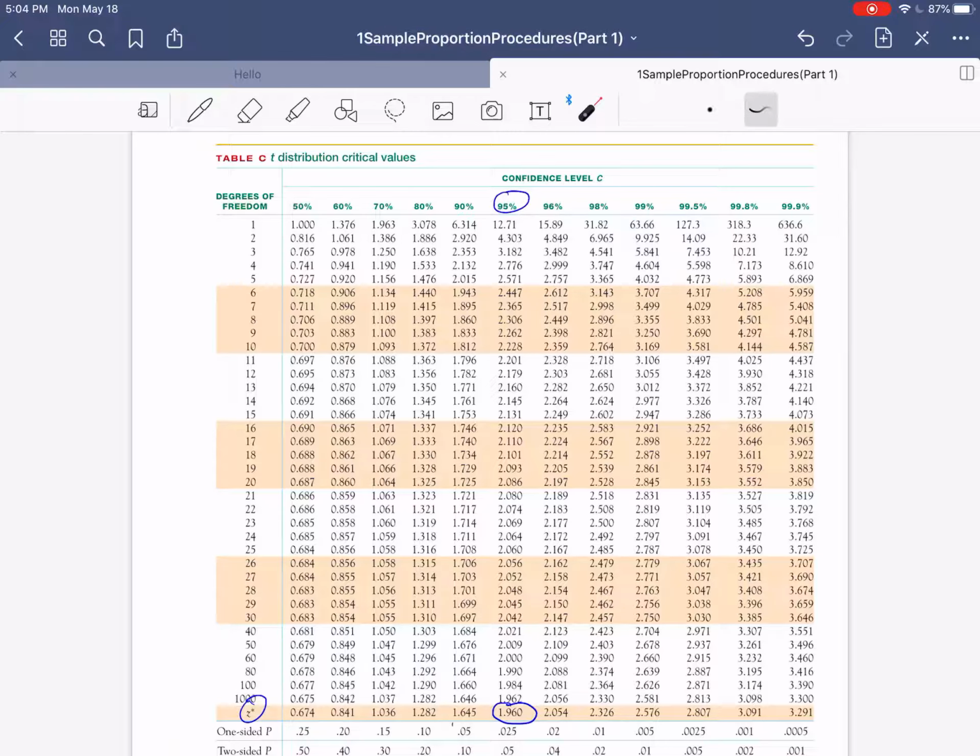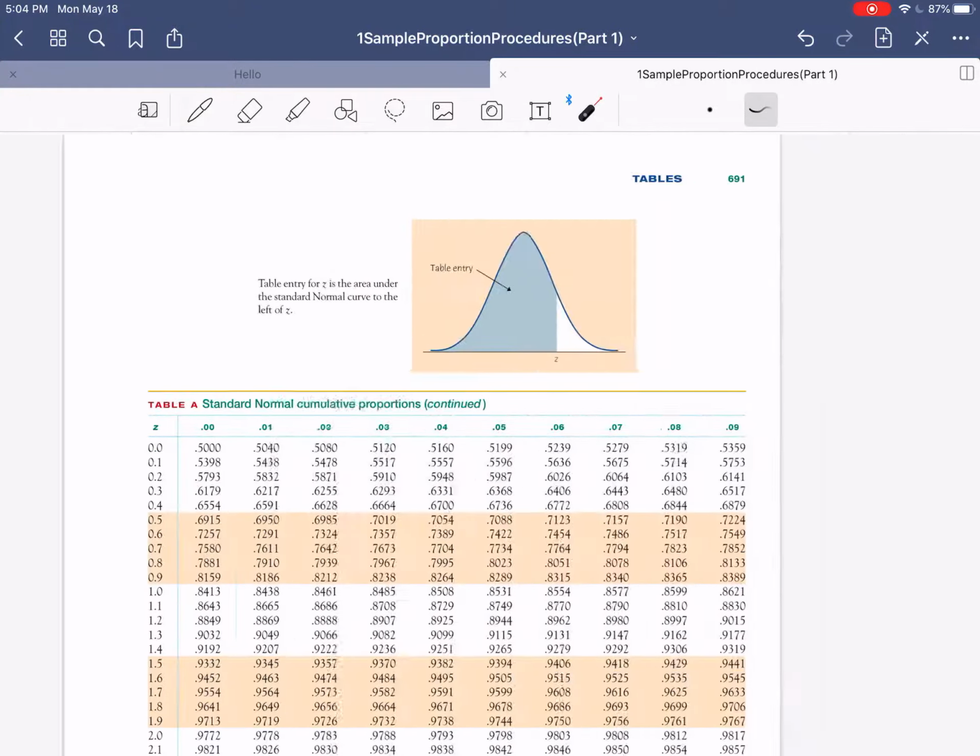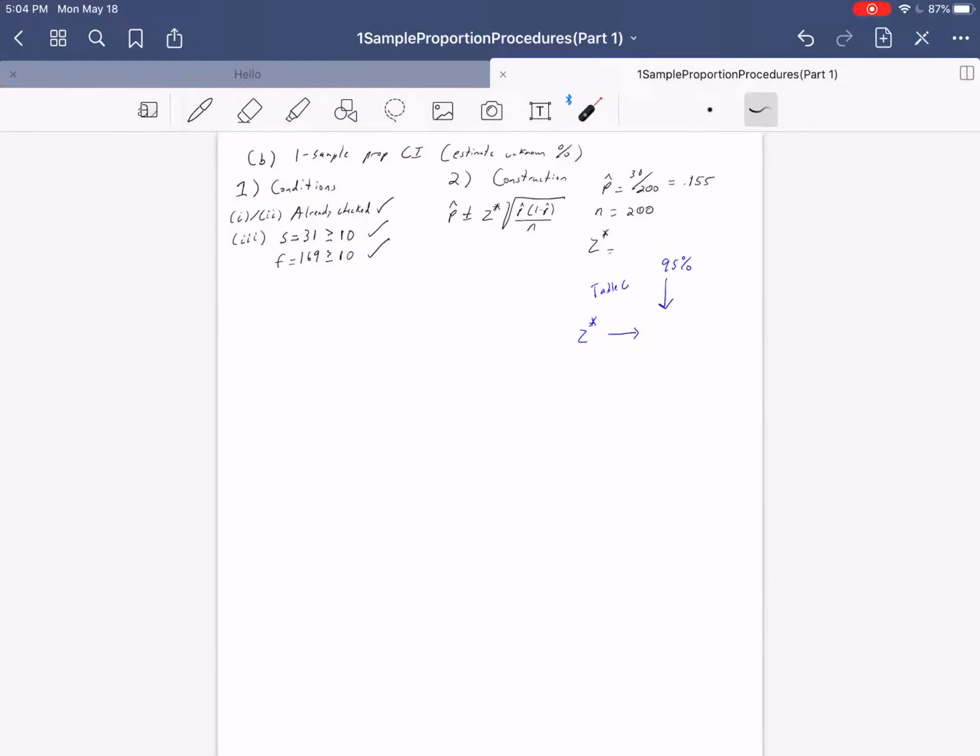And you might want to do that for other ones that we commonly use, like 90% and 99%, so you don't even need to look at the table. Obviously, it's not hard to look at the table, but if you want, you can know that z star is never going to change if you use the same confidence. So we've got 1.960 here.